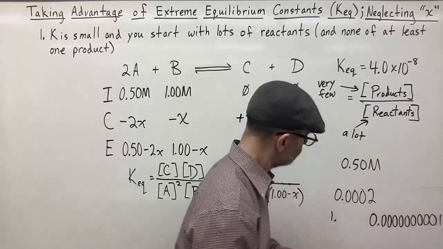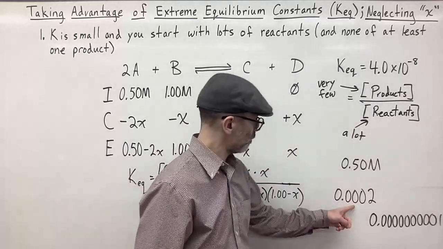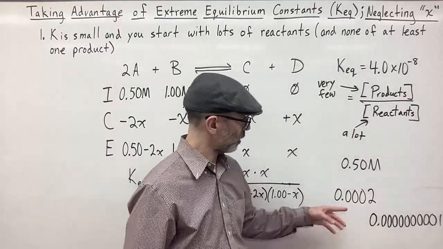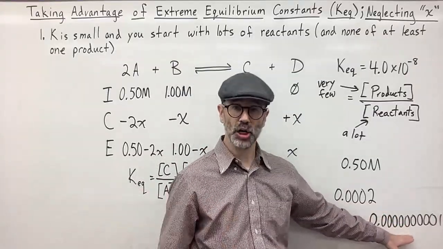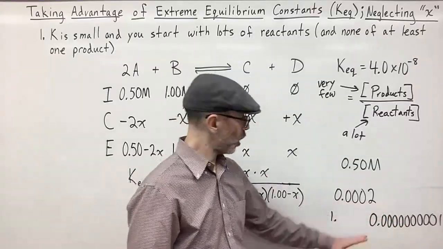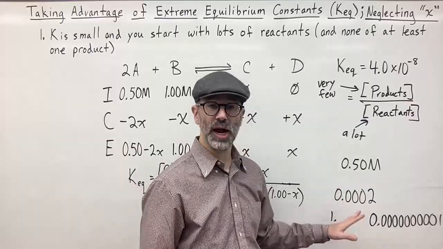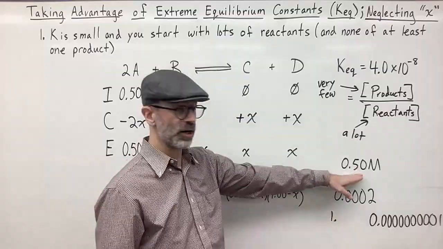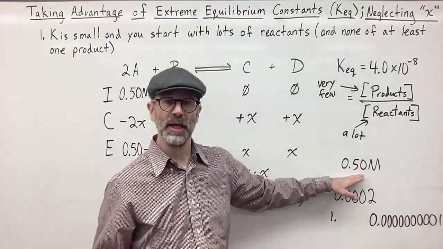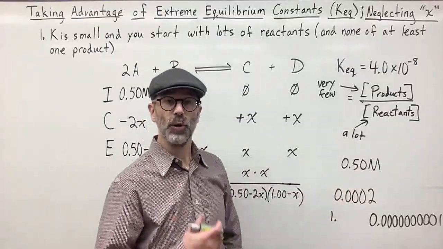There you go. So this number compared to 1 is a small number, but this number compared to this number is a large number. So we have to figure out how small our X value is compared to the original concentration. If it's small enough, we can ignore it.